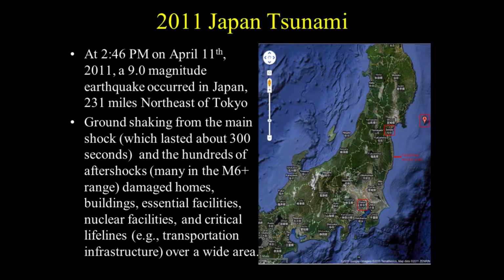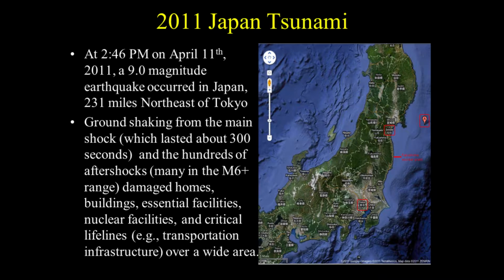Ground shaking from the main shock, which lasted about 300 seconds, and the hundreds of aftershocks, many in the magnitude 6 and more range, damaged homes, buildings, essential facilities, nuclear facilities, and critical lifelines, for example, transportation infrastructure, over a wide area.